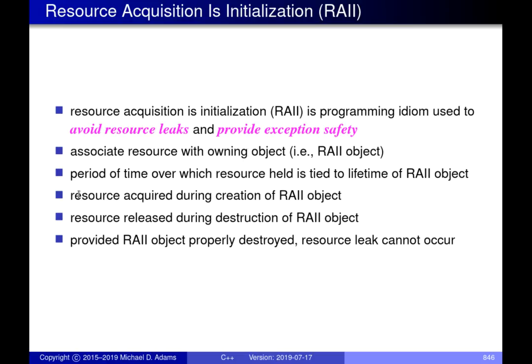Essentially, the way that it works is it ties the lifetime of an object to the acquisition and release of a resource. And as long as you write the destructor for this RAII class correctly, it will ensure that resources always get released whenever the end of the lifetime of the RAII object is reached. Any questions about that?